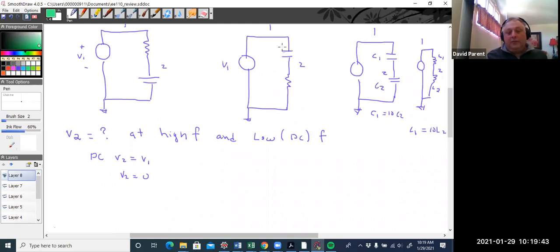This circuit here, at low frequencies, this is an open circuit, so we take it out. The current is 0. There can be no voltage drop across the resistor. And since one end of the resistor is tied to ground, that'll be 0. At high frequencies, this gets shorted, it just becomes a wire, and V1 equals V2.